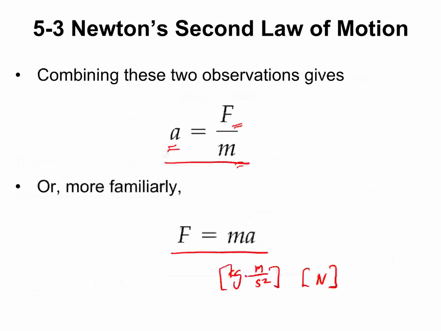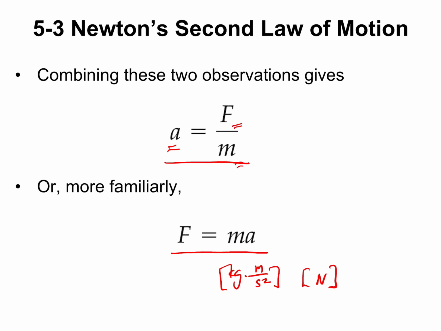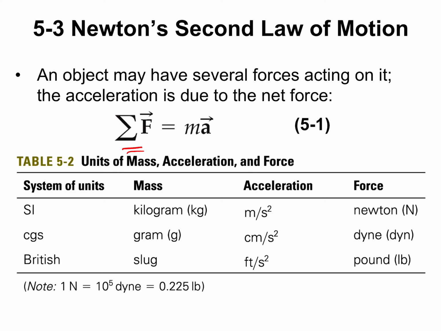All right. One more thing here is this. This force is the force from this experiment. In Newton's second law, the force here must be the net force. So we have to write it this way: Sigma F equals ma.